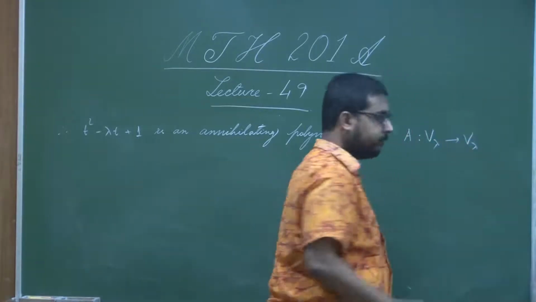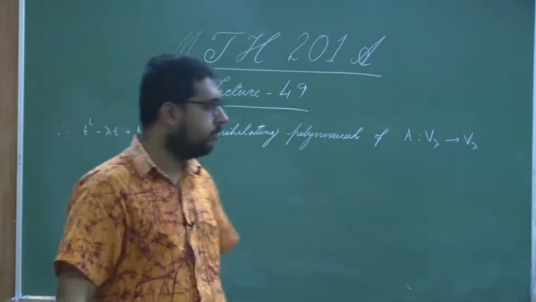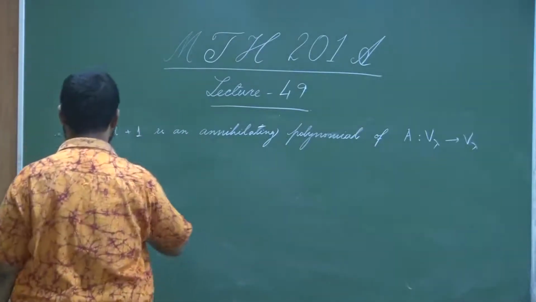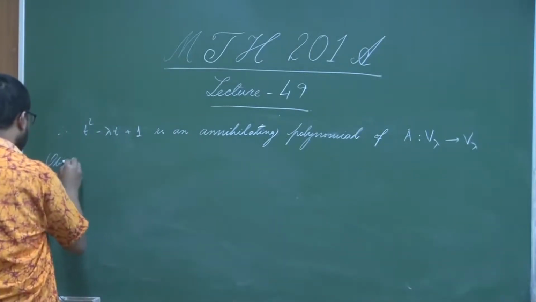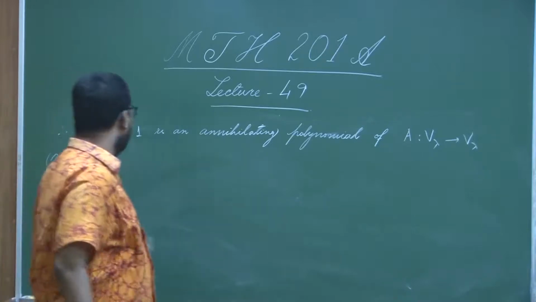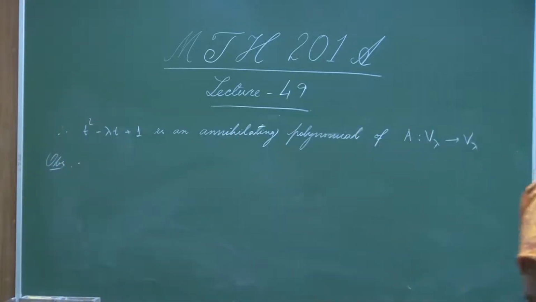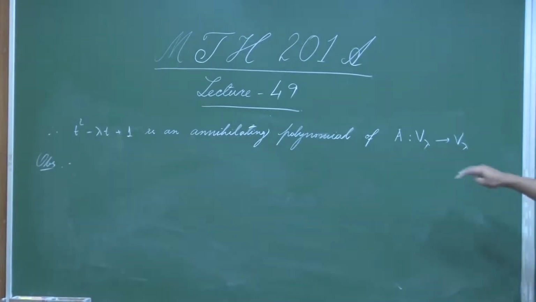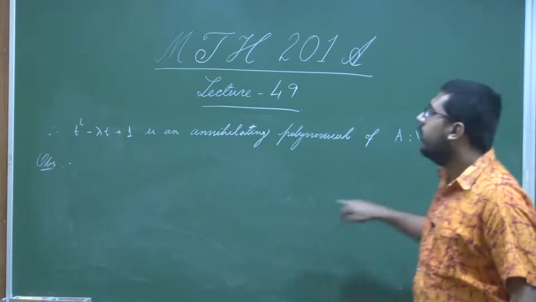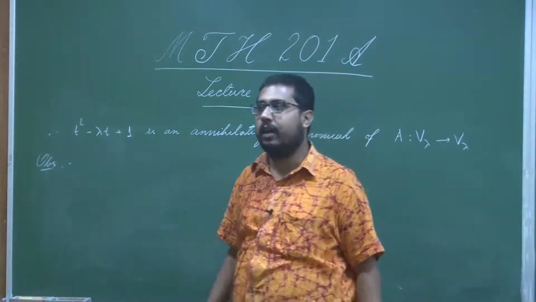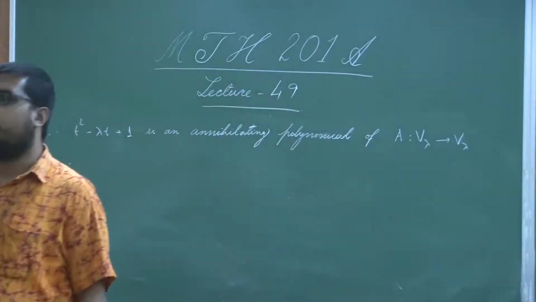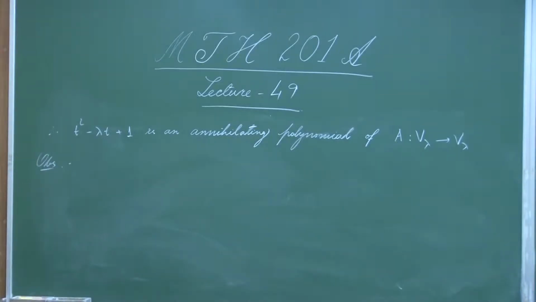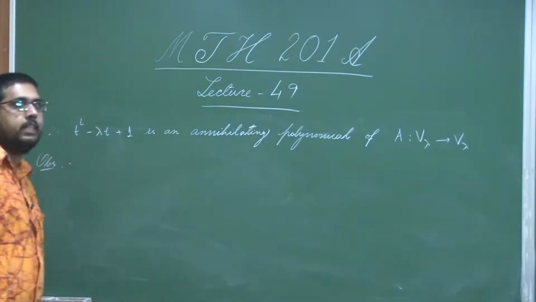Okay. Fine. So, observation. Try to understand, you have a degree 2 annihilating polynomial. So the minimal polynomial of this operator will be a factor of that. Okay. So what factors are possible?